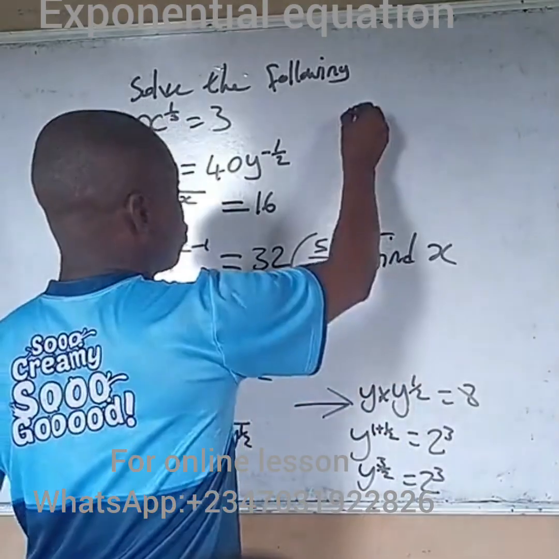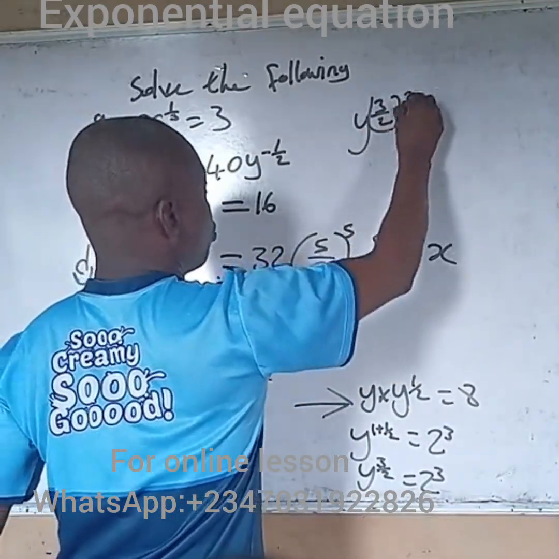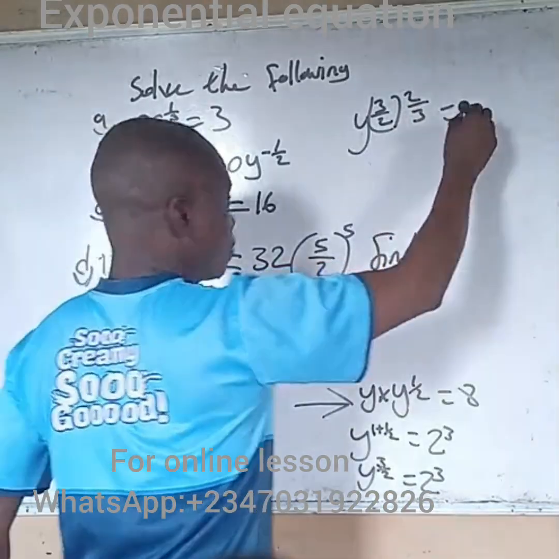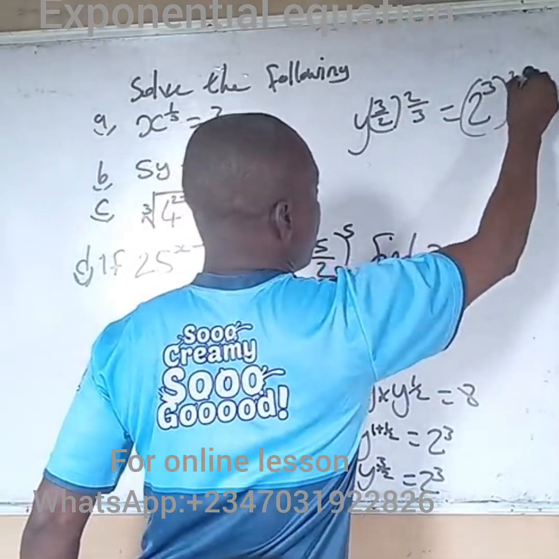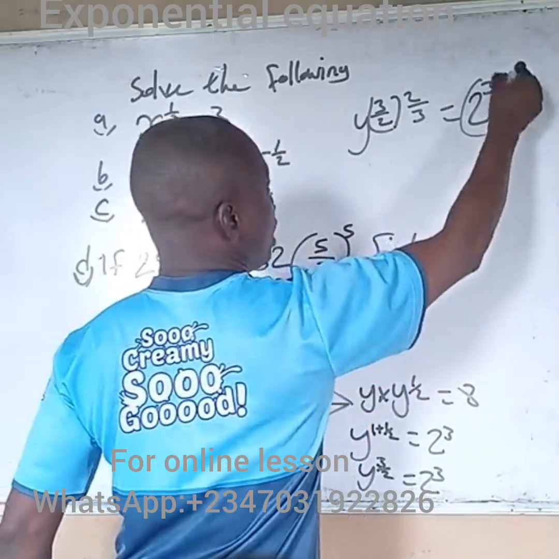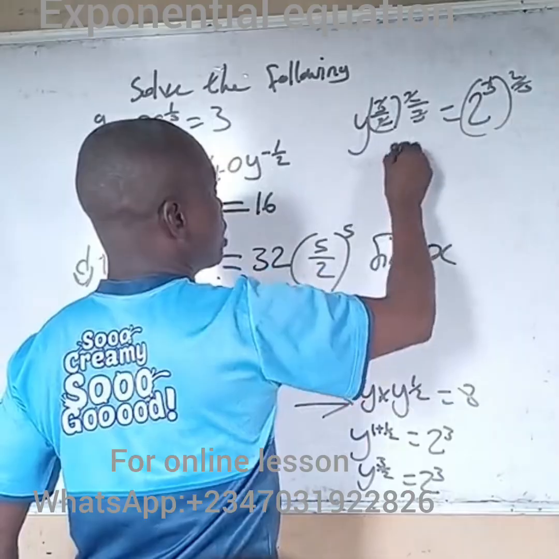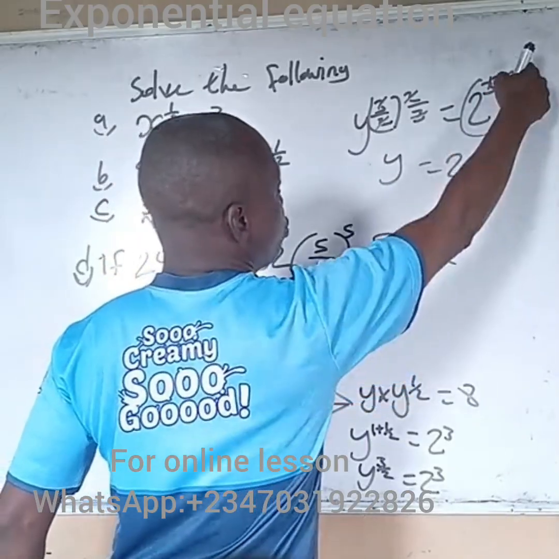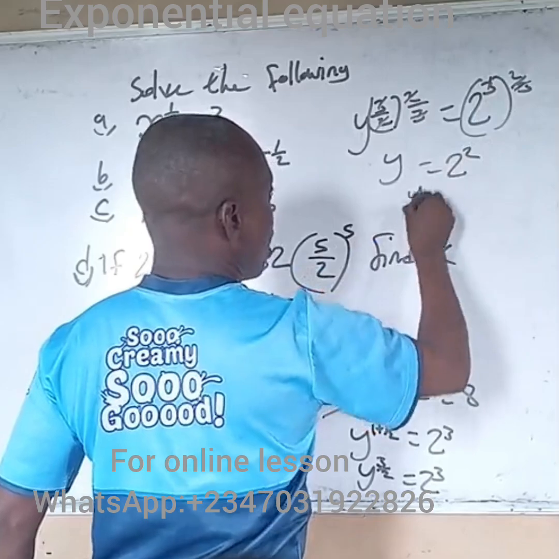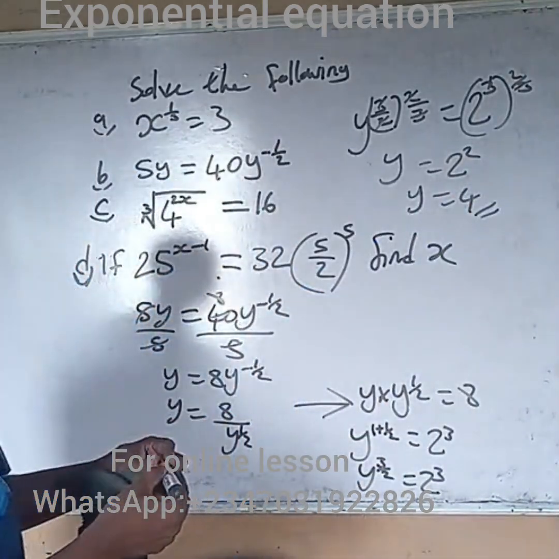That gives us y raised to power 3 over 2 times 2 over 3 is equal to 2 raised to power 3 times 2 over 3. So 3 will cancel 3, 2 will cancel 2, so here automatically is 1. This will now give us 2 raised to power 2 left here. So our y will be equal to 4. So the answer to this is that y is equal to 4.